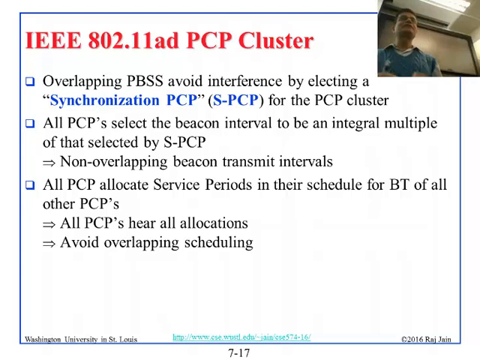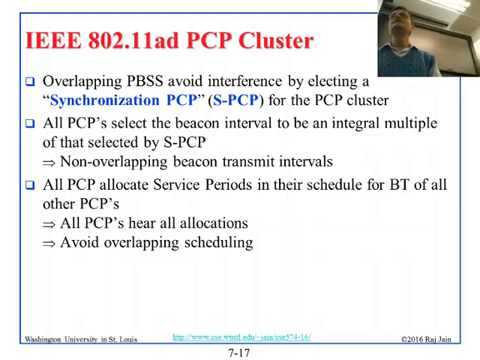So every PCP has to hear every other PCP. So it's like this: there are stations, there are managers, and there is a senior manager. Managers have to know everything other managers are doing. If they don't know what other managers are doing, they could mess up. Right? All PCPs hear all allocations and avoid overlapping scheduling. Any questions about this so far?